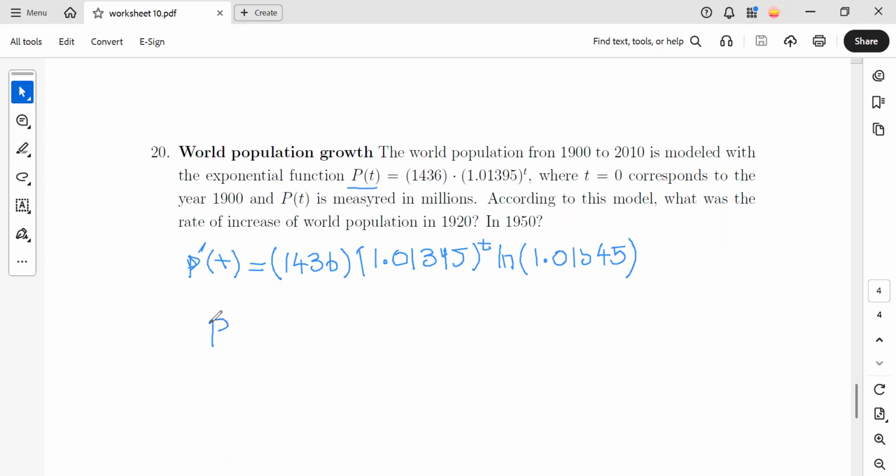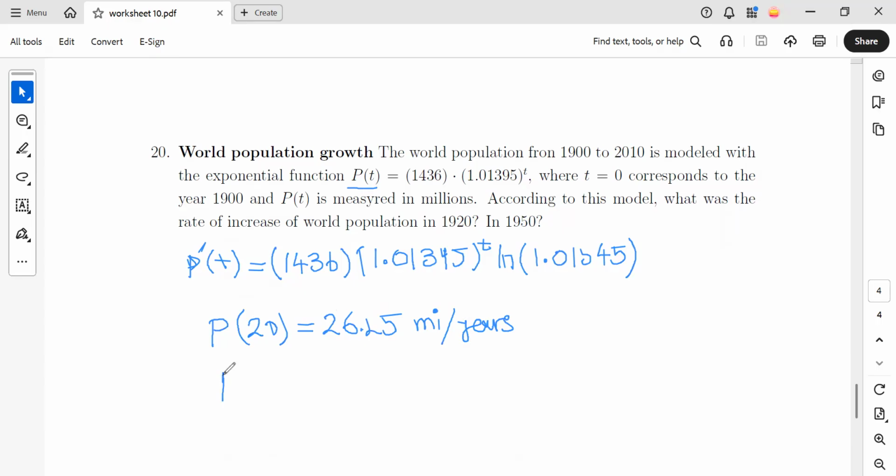And for P of 1920, which is 20 years after 1900, you would plug in for that and you end up with 26.25 million years.